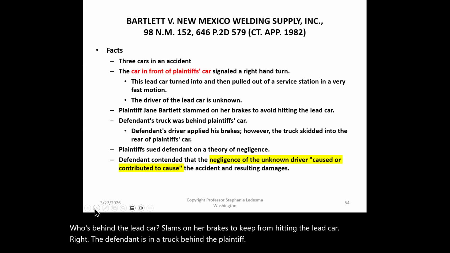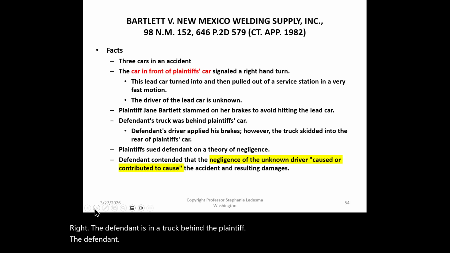The defendant applies his brakes, but the truck skids and the defendant in the truck rear ends the plaintiff. Got it? Plaintiff sues the defendant on the theory of negligence.